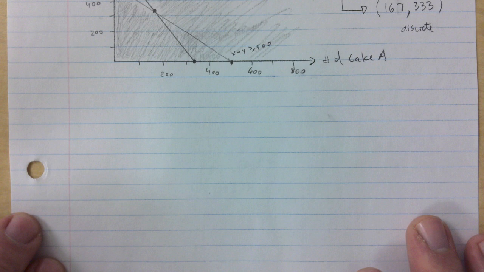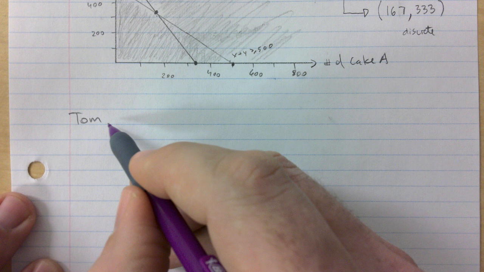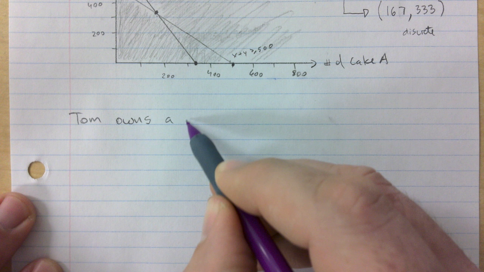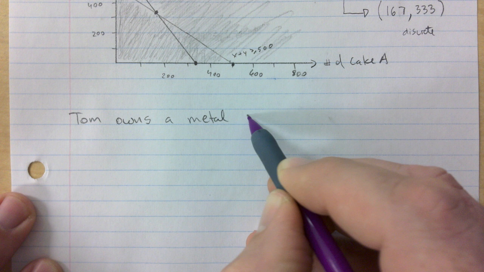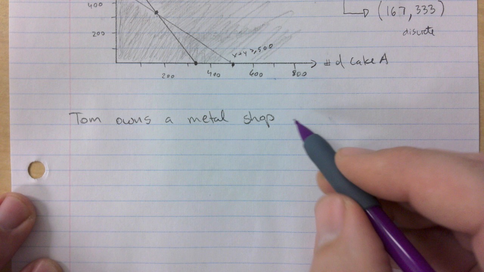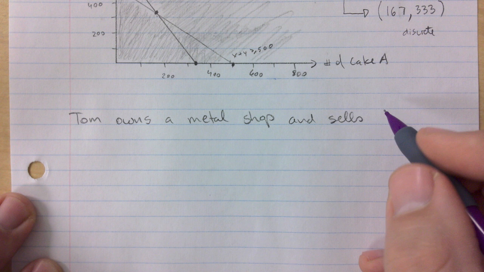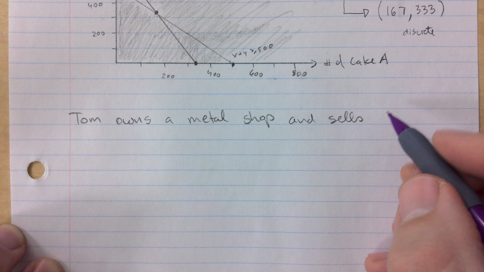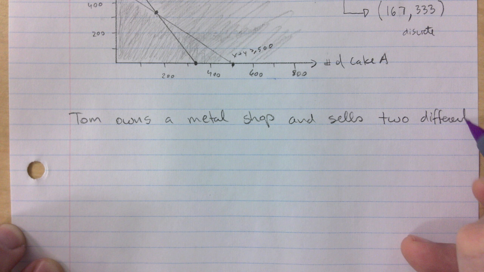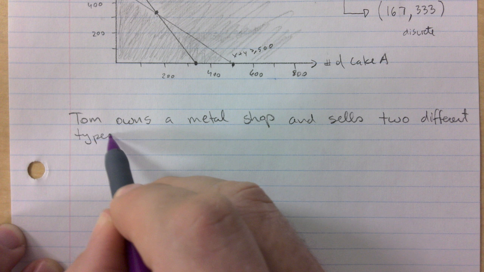Tom owns a metal shop and sells two different types of angle iron.